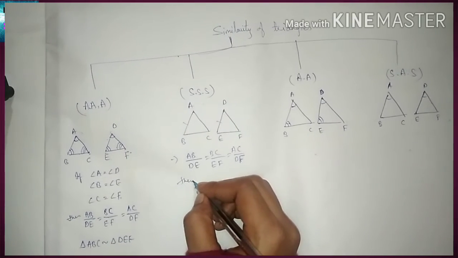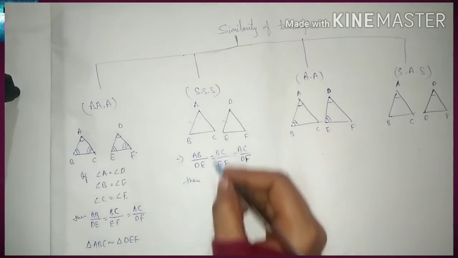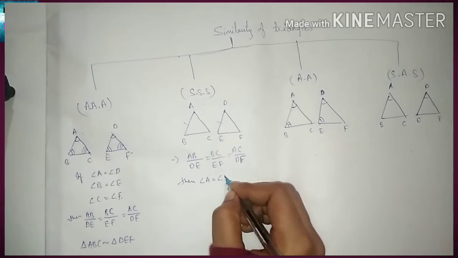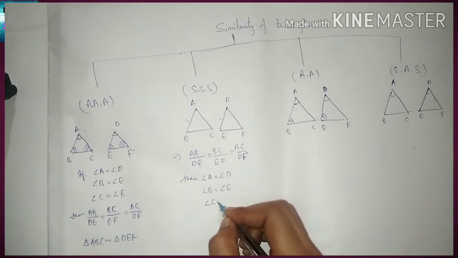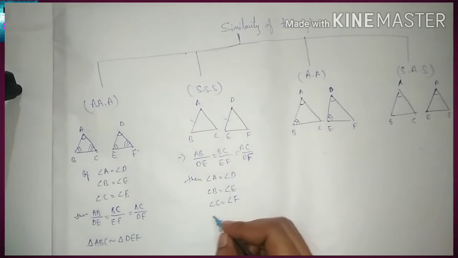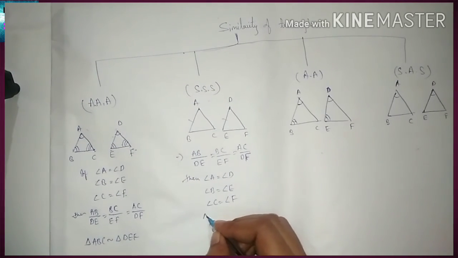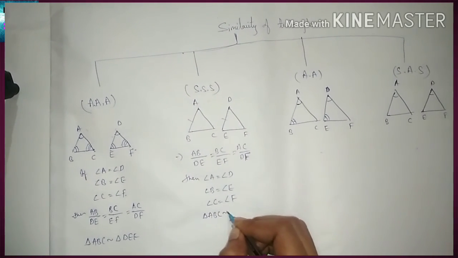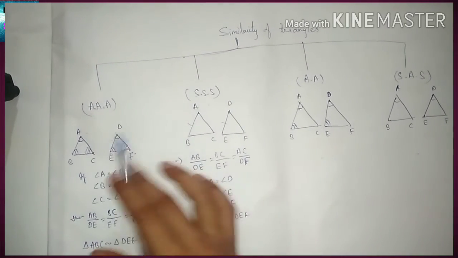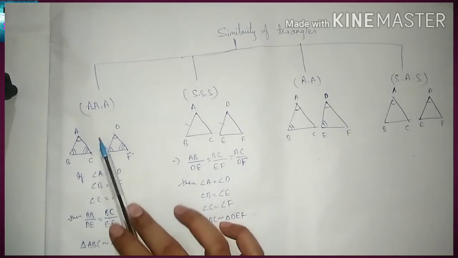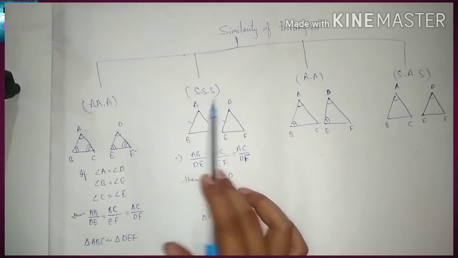Then the angles will be equal. Angle A is equal to angle D, angle B is equal to angle E, angle C is equal to angle F. Then the two triangles are similar. Triangle ABC is similar to triangle DEF. Let us see the first two conditions. I hope you have understood: angle, angle, angle, and SSS.